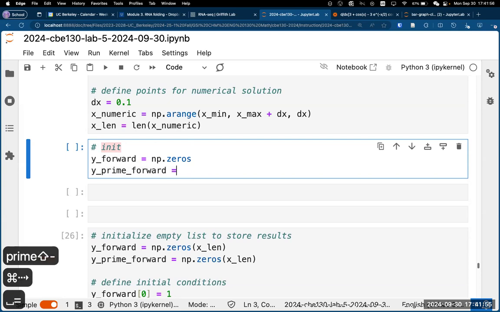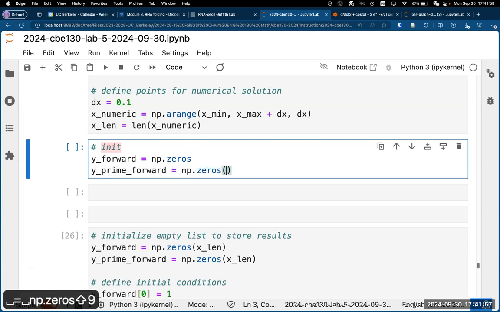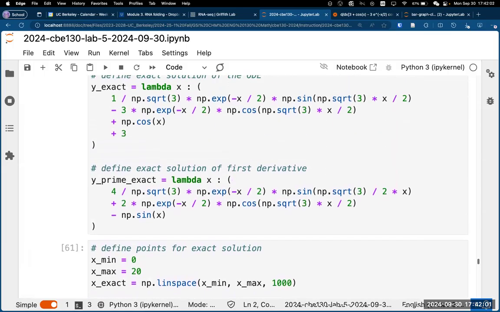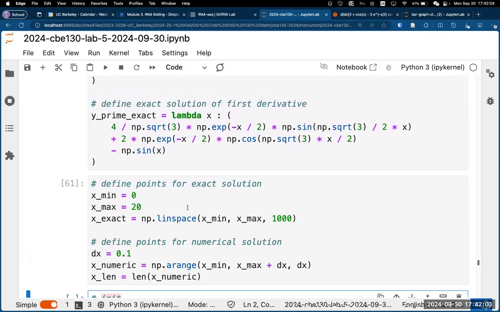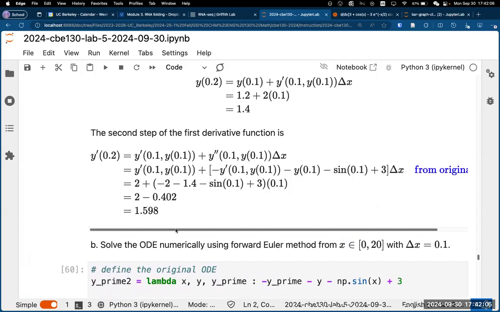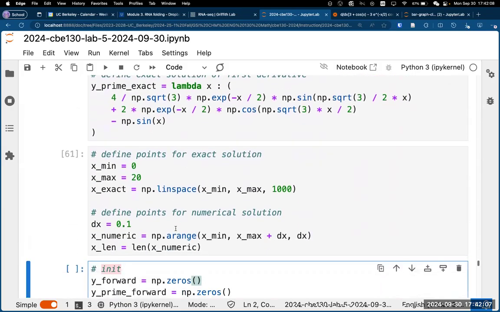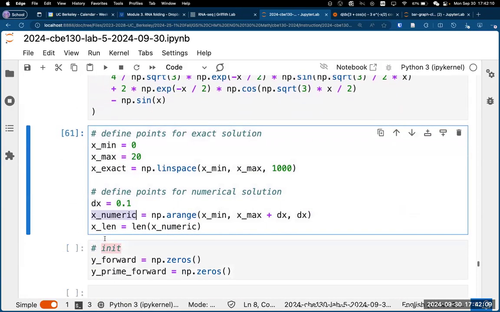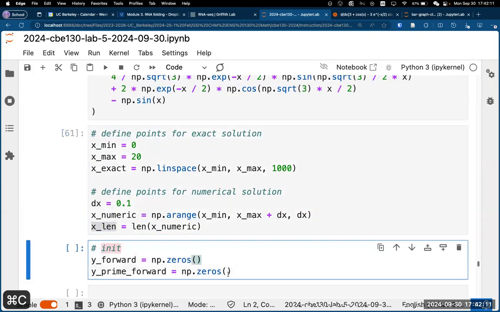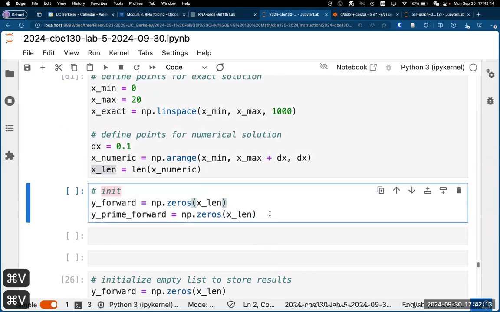So y prime forward. And the length should be the length of the independent variable, which in this case is x. So this is x numeric length. So initialize list to store value.